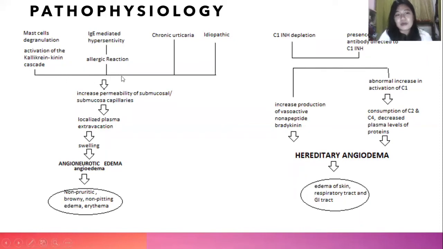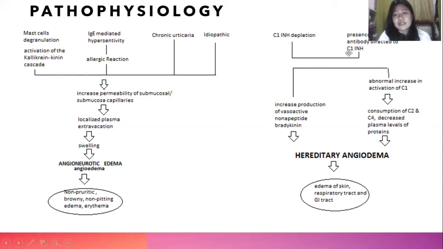Now, these etiologies will lead to increased permeability of the submucosal capillaries, which will then lead to localized plasma extravasation, leading to swelling, and thus the occurrence of angioneurotic edema. The clinical manifestations for angioneurotic edema are non-pruritic, brawny, non-pitting edema, and erythema.